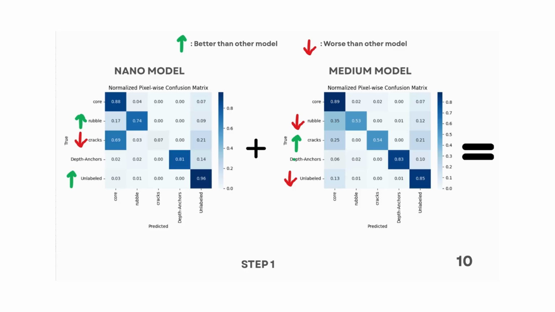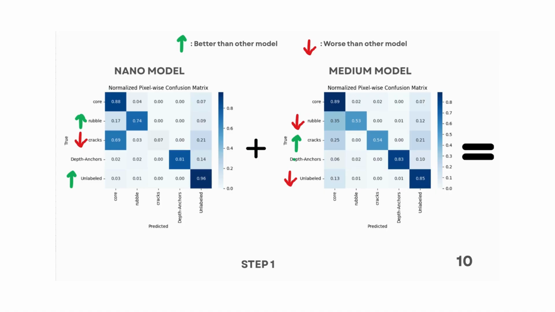And so let's compare the performance of these two models, the nano and the medium model, with confusion matrices. We see in the nano model and the medium model that the core segmentation accuracy was pretty much similar. However, the nano model had a 20% better segmentation of rubble, which is a pretty huge amount. But the cracks would be skipped over by the nano model, which caused an issue.